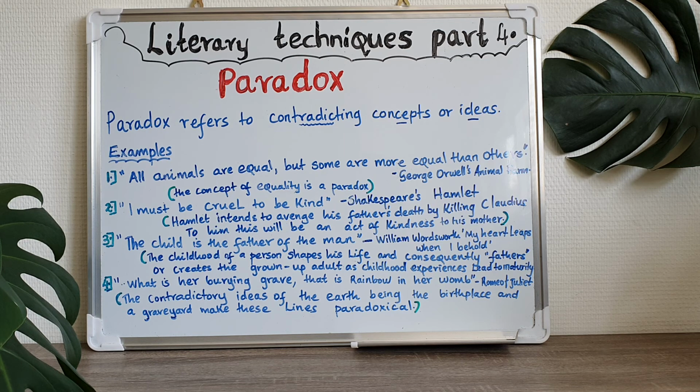Like, for example, bitter, sweet. Remember, those are words. But a paradox refers to contradicting concepts or ideas. So with oxymorons, we are talking about words. But with paradox, we are talking about contradicting concepts or ideas.